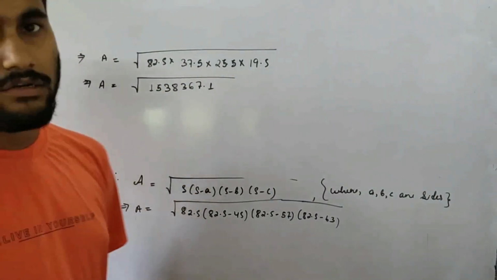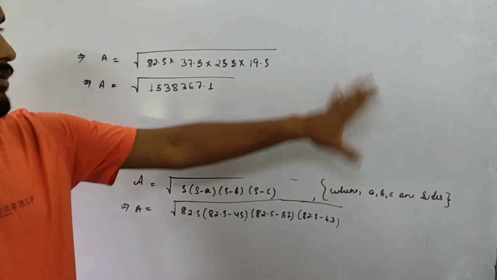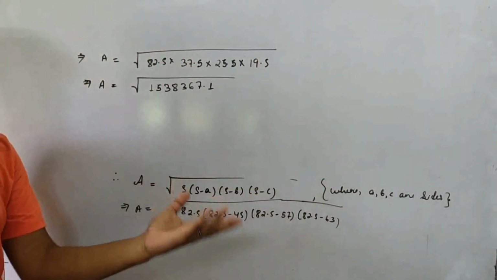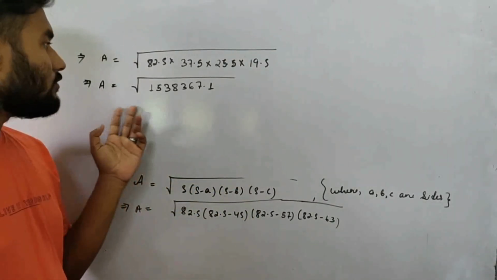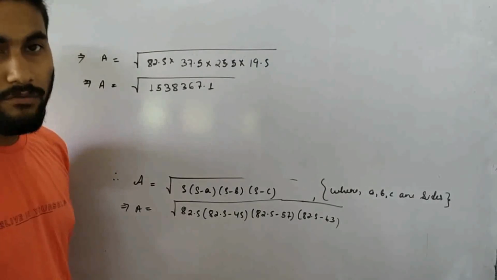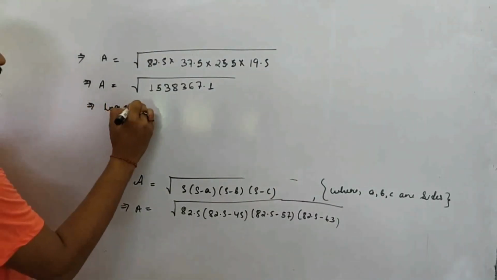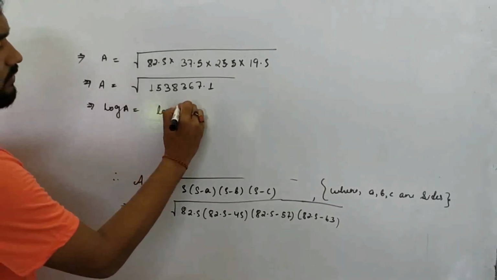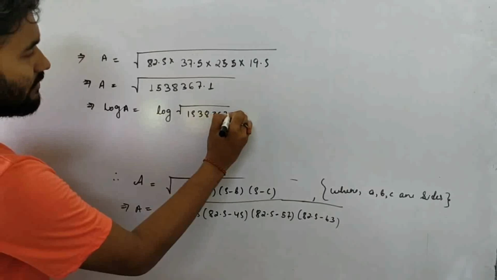Otherwise your speed will get reduced. Right now I am using it, or else the video will be very long if I keep on multiplying here, or a mistake may also happen. So this you will get after multiplication. Now simple thing, bring log on both sides. Log of A is what? Log of root over this, 1538367.1.